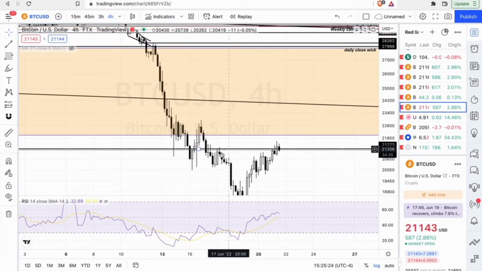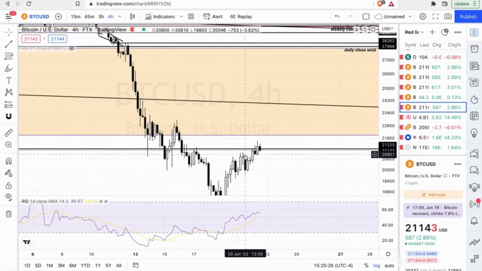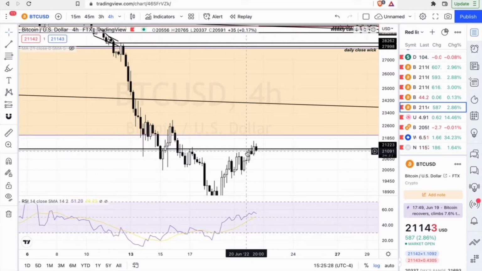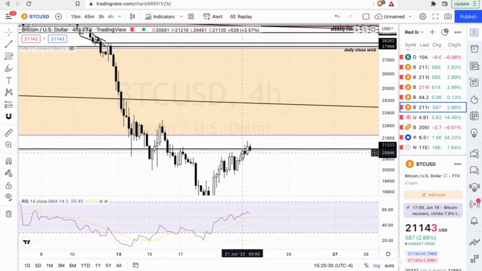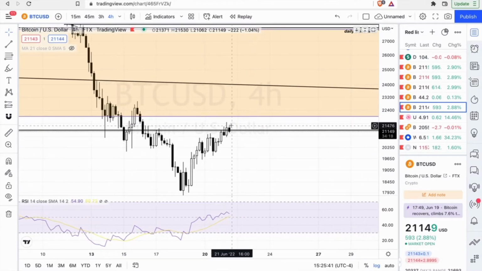Battle to get above this horizontal resistance. That's the only key for us right now. You see how for these 8 hours we're battling to get above it. Wick to this resistance, wick to the resistance, finally a candle close above the resistance. That shows why candle closes matter so much.